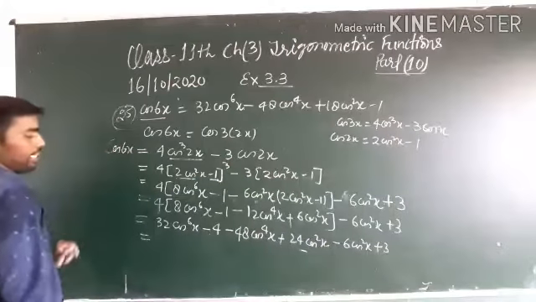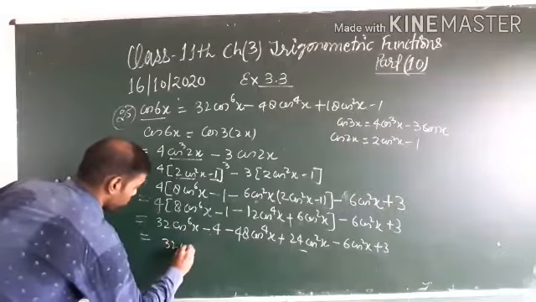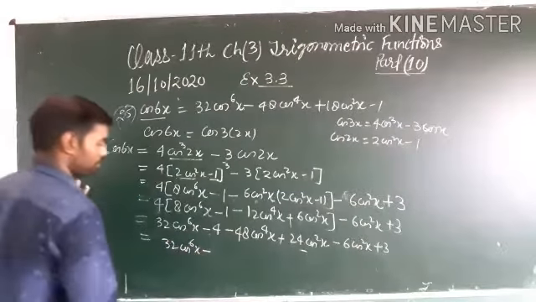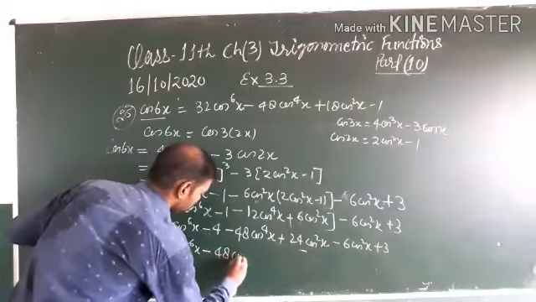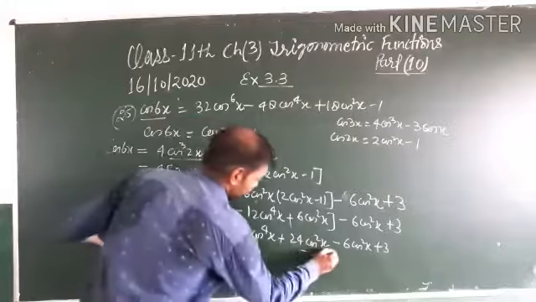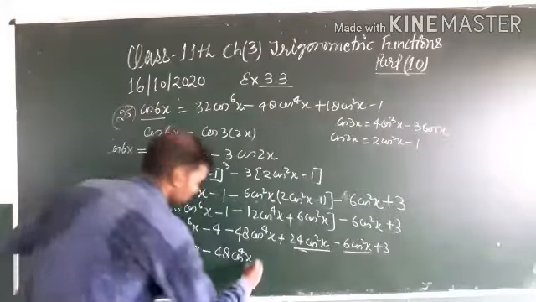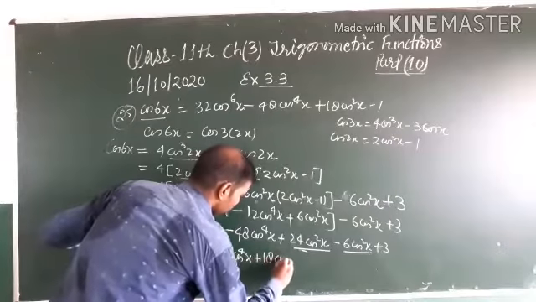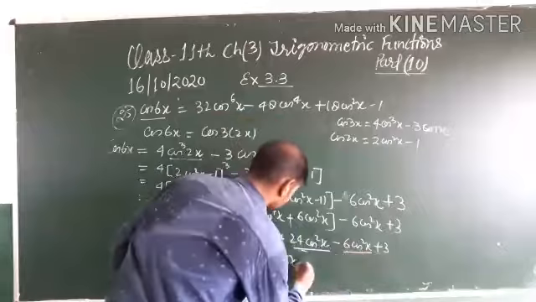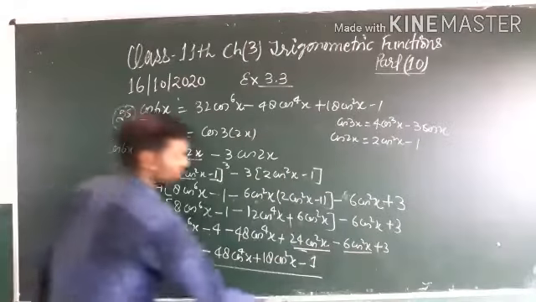We get the decreasing order of cos x. So 32 cos x to the power 6 minus 48 cos x to the power 4, and here 24 cos square x minus 6 cos square x, it means plus 18 cos square x, and minus 4 plus 3, it means minus 1. This is the right hand side of this given question.